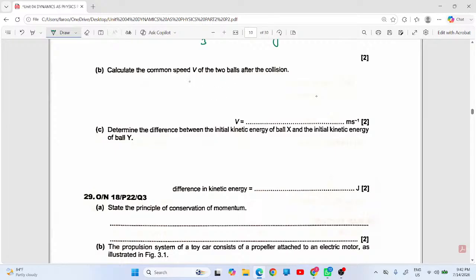After the collision we take the y-axis, because they are moving along the y-axis. The x ball is moving along the x-axis, so its momentum along y is 0. The second one is 2.5 times 9.6 cos 30, since the y component is cos 30, equal to the combined mass, 2.5 plus 4, times v. Now check v.